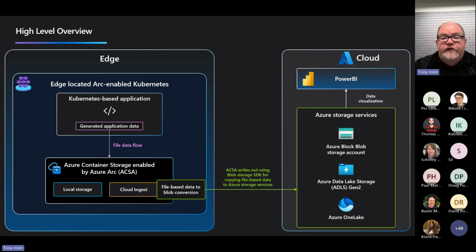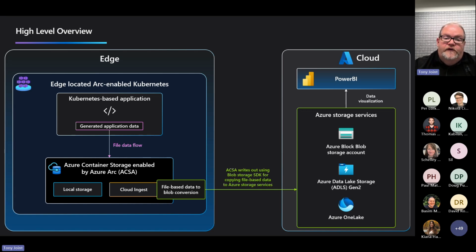That's a standard Kubernetes PVC interface. And that interface allows you to have shared local file system access, or you can request a Cloud Sync ingest volume.